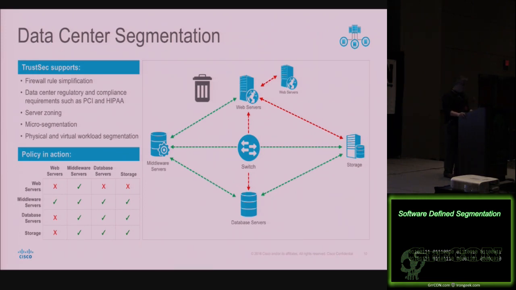So if we go in and say that the database servers should only talk to the web servers, right? Or the database should only talk to storage or middleware servers, but should never talk to web servers. We can enforce that policy by using the security group tags, again, regardless of the network that they're actually on.